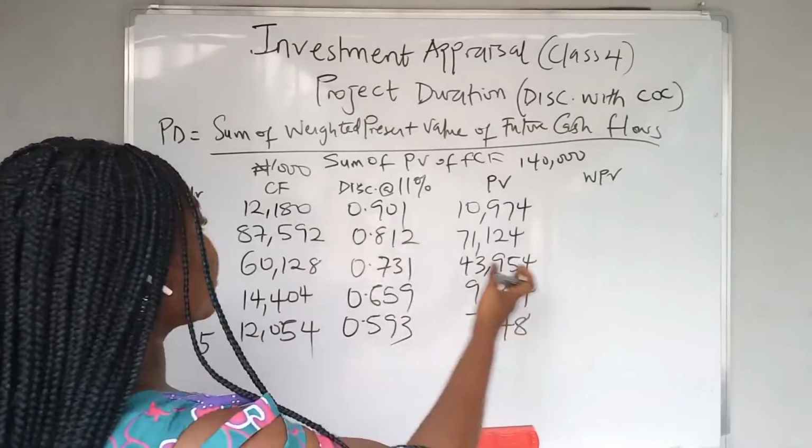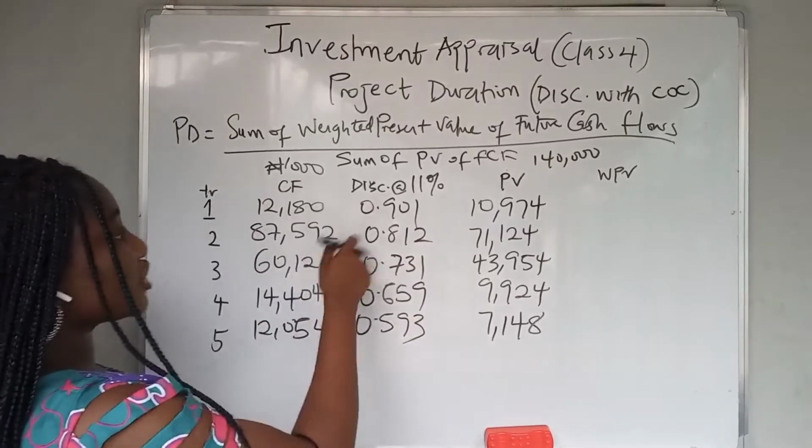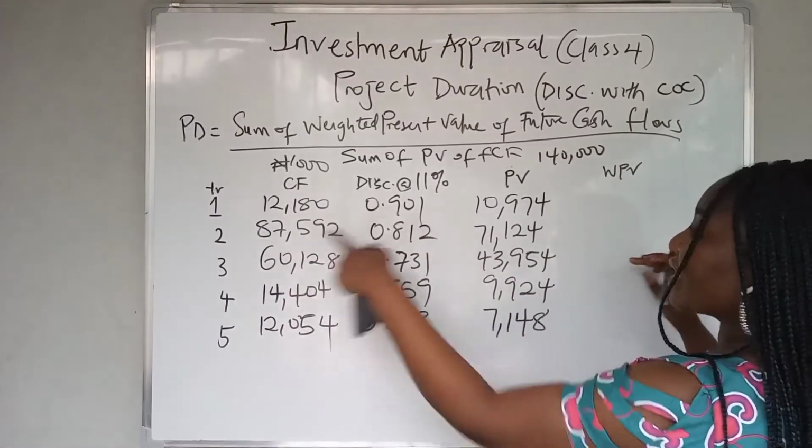Okay, so to get the weighted present value, you multiply the present value by the corresponding years. That's this times 1, this times 2, like that.